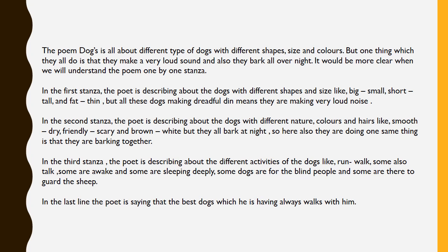But one thing which they all do is that they make a very loud sound and also they bark all over night. It would be more clear when we understand the poem stanza by stanza.